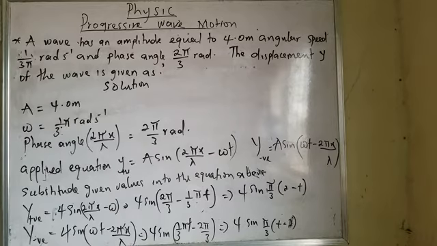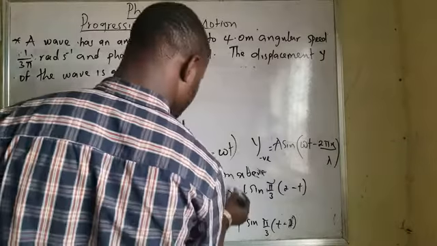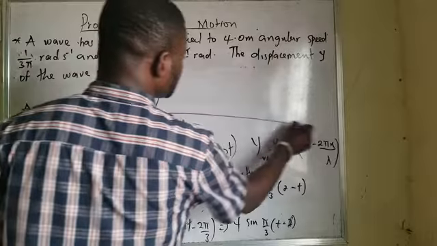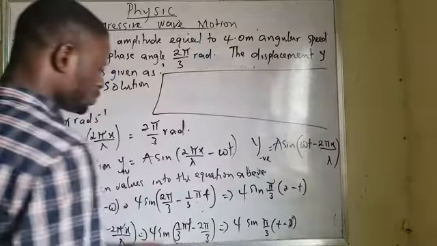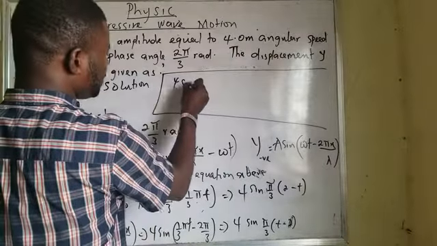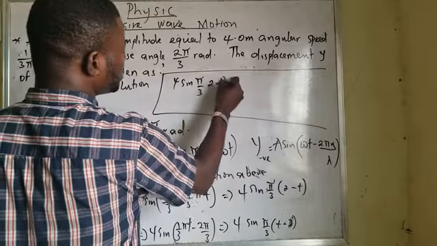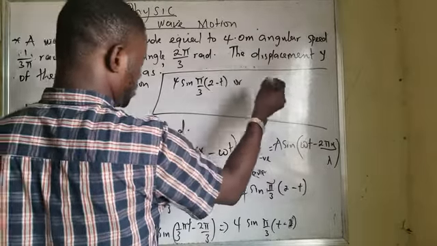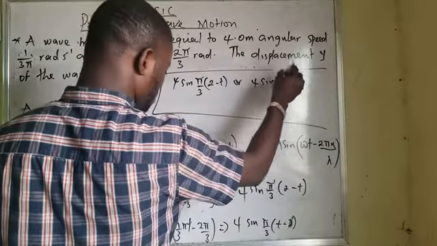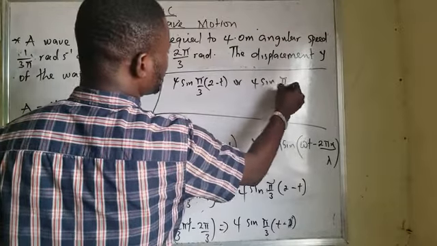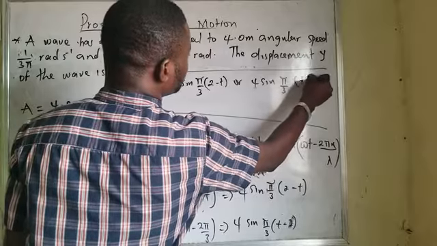Now, the answers will be of this. Please take note of this very well. The answers will now be 4 sine pi all over 3 bracket of 2 minus t, or 4 sine pi all over 3 bracket of t minus 2.